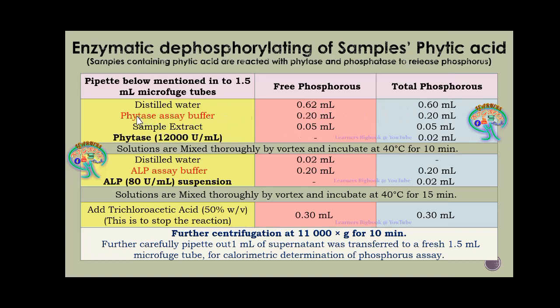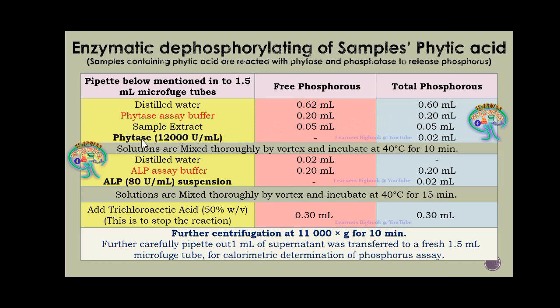Further, phytase assay buffer has to be added, which has the specific pH to make the phytase enzyme react with the sample extract. So the phytase assay buffer has to be added, 0.2 ml in both microfuge tubes.